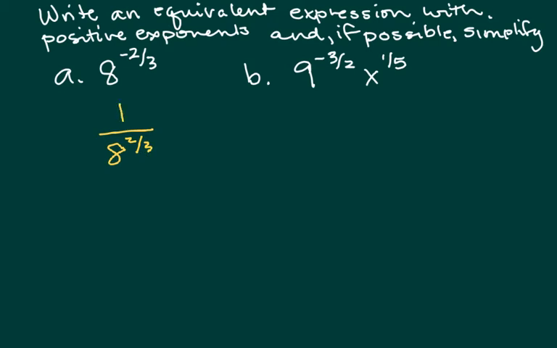When we bring it down to the bottom, we have to put that numerator of 1. Well, 8 to the 2/3 power means we're going to square 8 and then take the cube root of that. 8 squared is 64 and its cube root is 4, so we end up with 1/4.